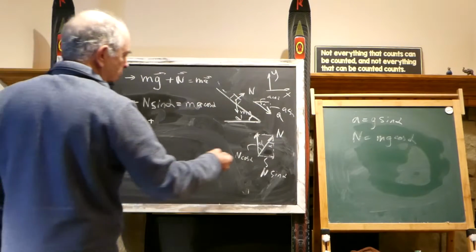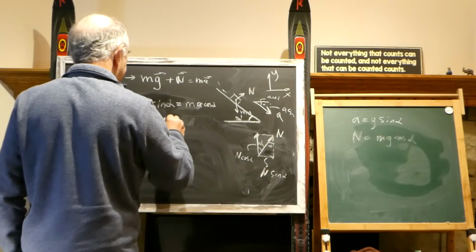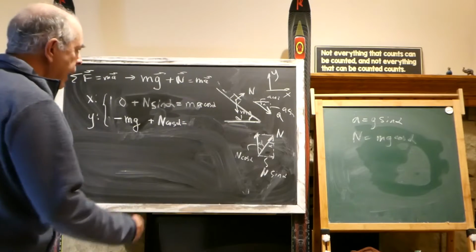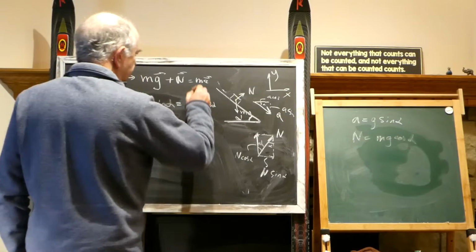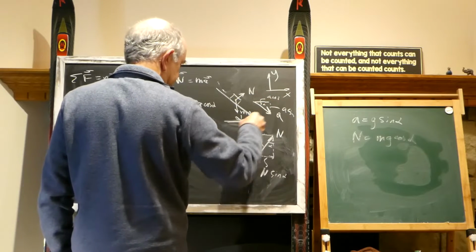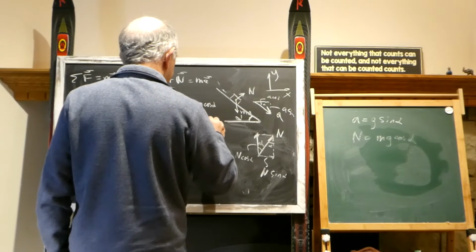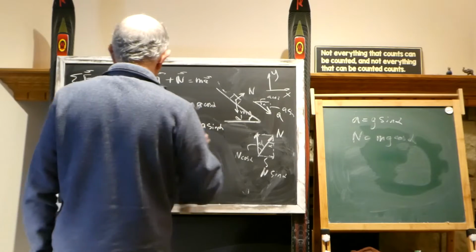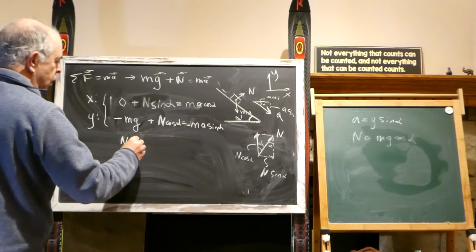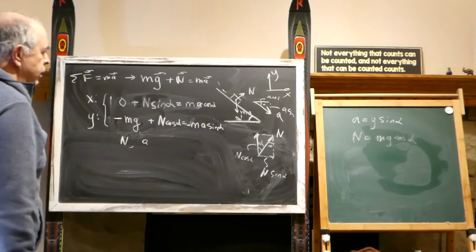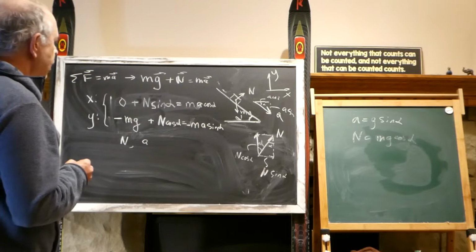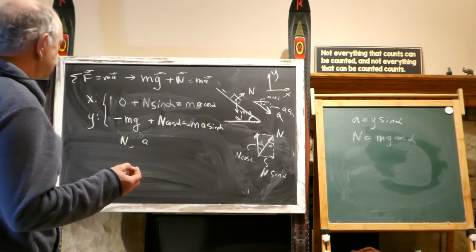And N, we now know, is N cosine alpha equals m, and the projection of a is down, so it would be minus, because we see that it's down, and it's a sine alpha. So there are two equations, N is unknown and a is unknown, two unknowns. Two different equations, but we have to work with this now.